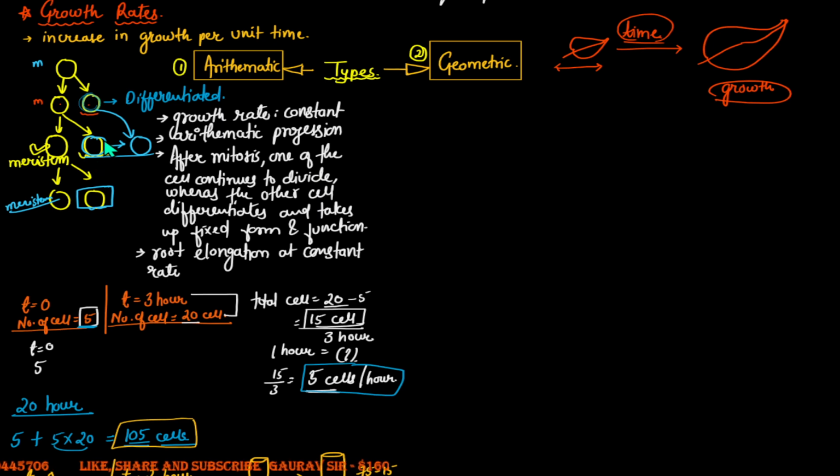One will again get differentiated and the other will retain its ability to divide. This would again divide and form two cells, one of which will again get differentiated and the other would remain meristematic and continue to divide. So of the cells formed, one divides and the other gets differentiated, right?